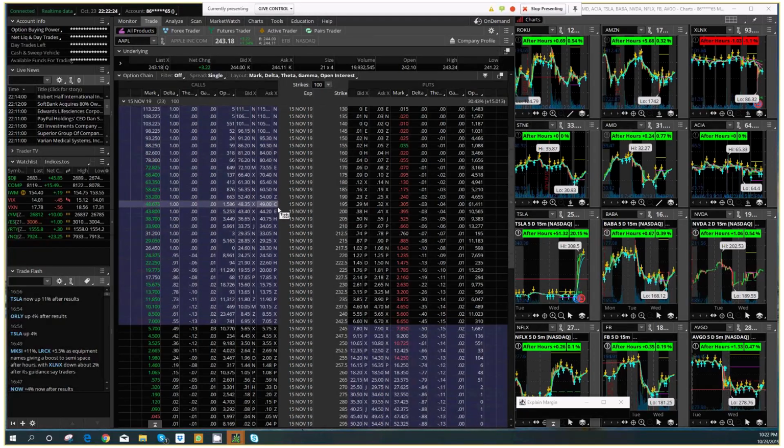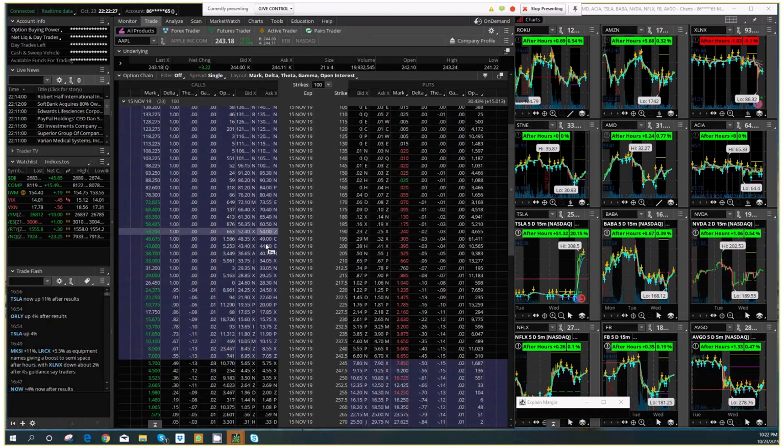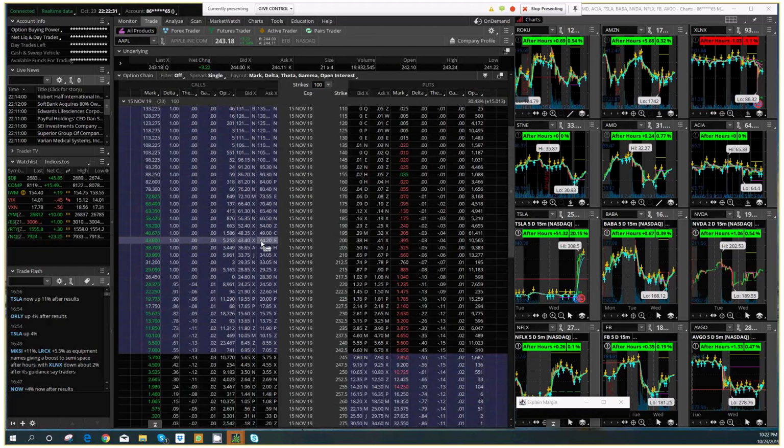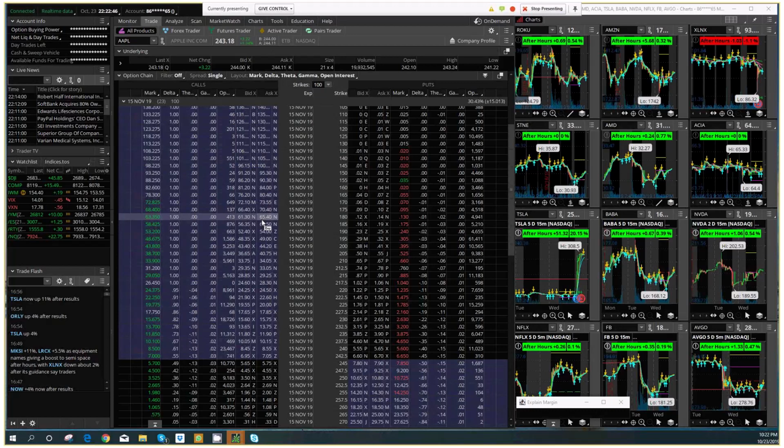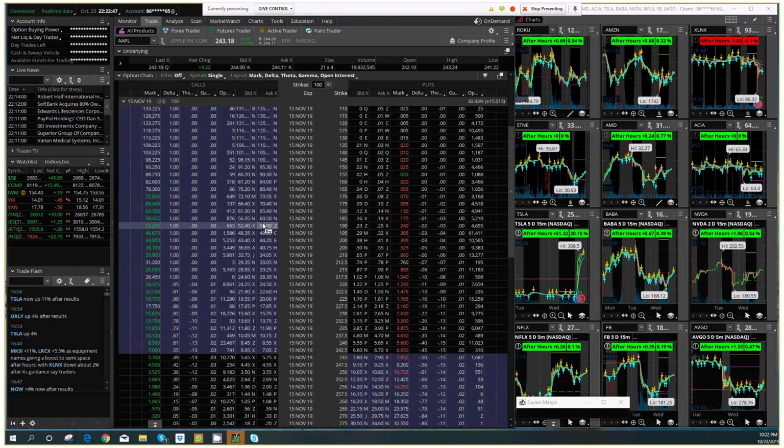What happens? If you buy an option, if it's in the money at expiration and you don't take it, you will basically exercise the stock, and the stock will be in your account. If you buy a call and you don't close it off, it's going to go in your account as owning the stock. Now, what happens on the flip side?